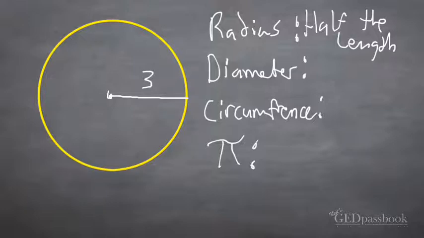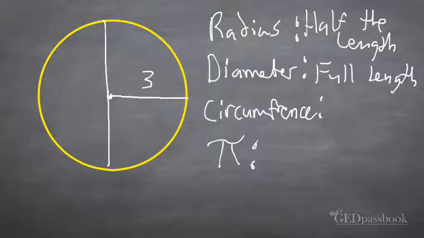The diameter, does anybody want to give it a guess of what it might be? It's the full length. I could just continue on, but it doesn't matter because it's all the same length all around. So that's the full length from one end to the other end of the circle.